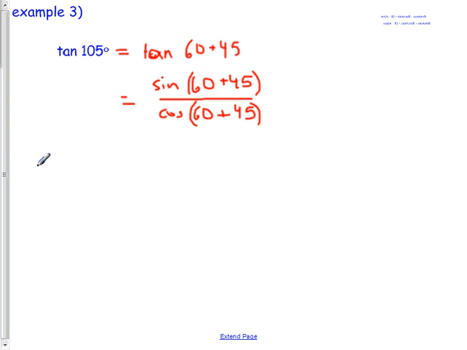Before we finish this equation, we're going to want to find the sine of 60 plus 45 over here. We're going to find the cosine of 60 plus 45 over there. So go ahead, try solving for those, pause the video, and when you unpause it, you'll see the answers.